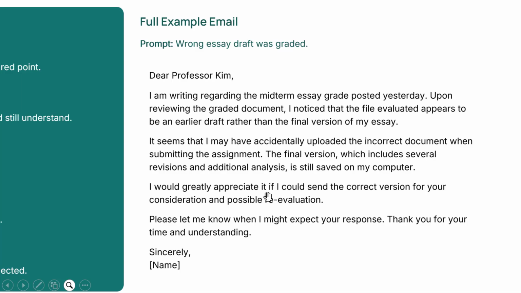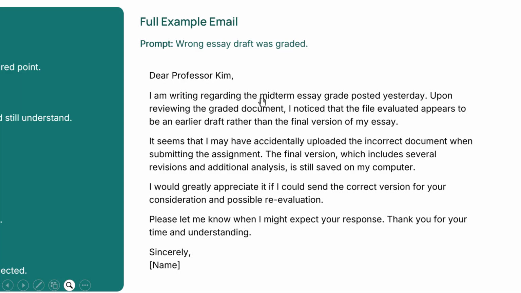"I would greatly appreciate it if I could send the correct version." Look, it is the action requested. "If I could send the correct version for consideration and possible re-evaluation."